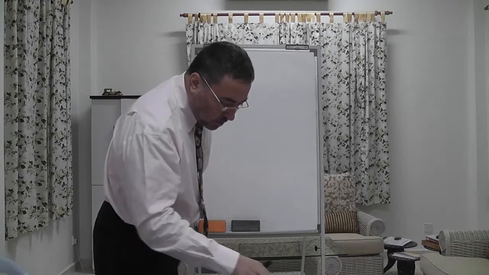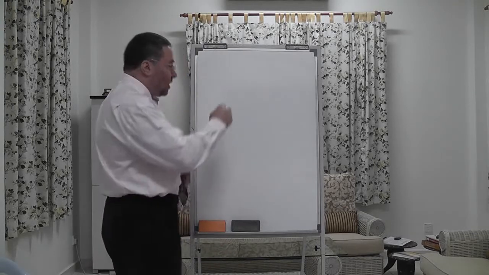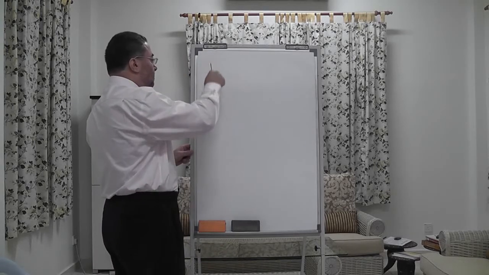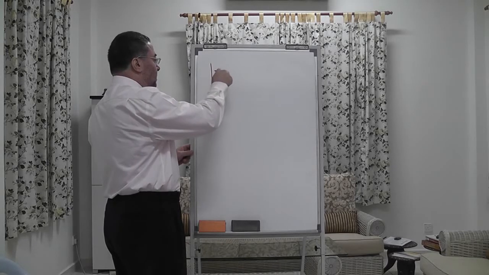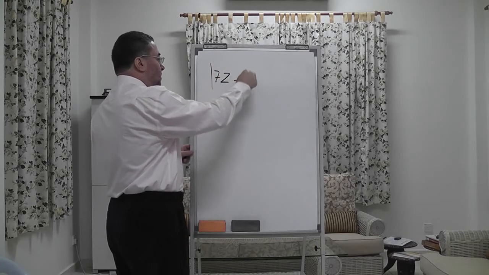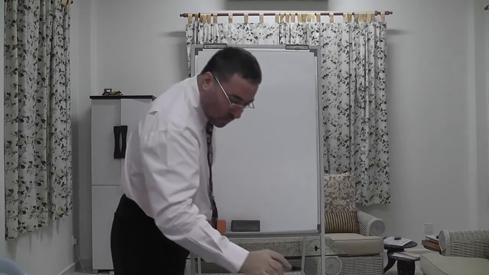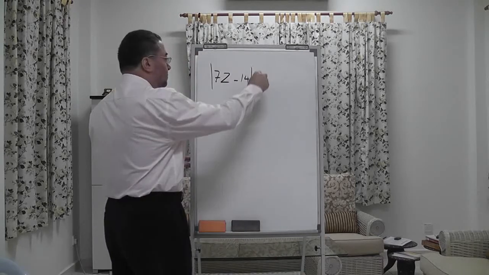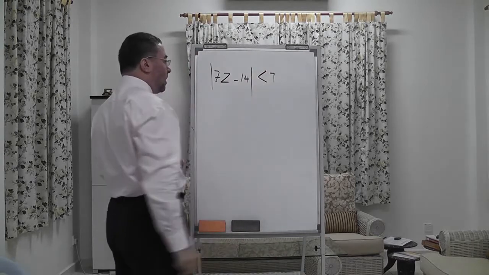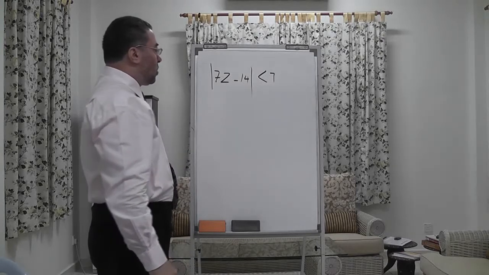Next we'll do number 10, absolute 7z minus 14 less than 7. Again, we can use the quick way.